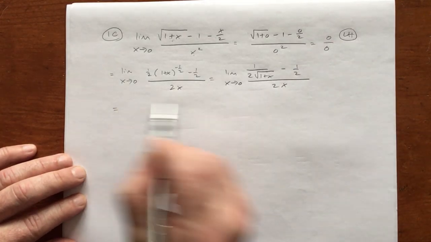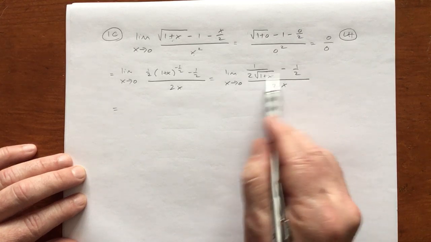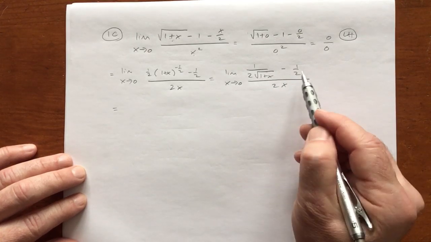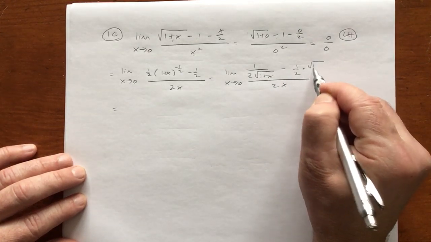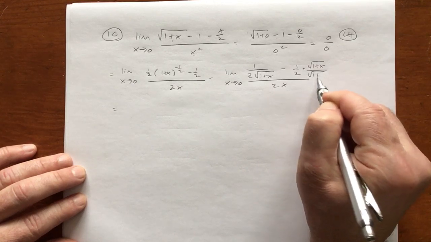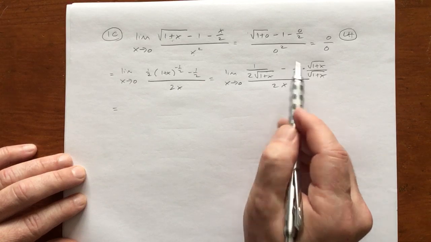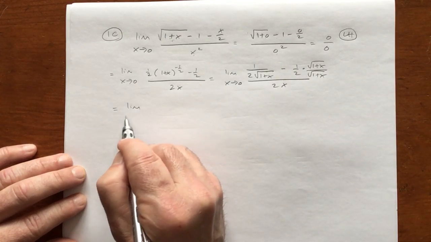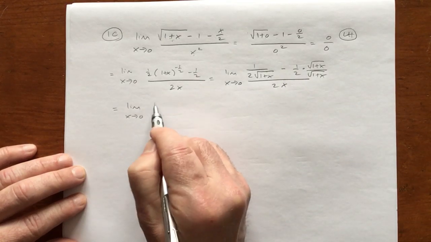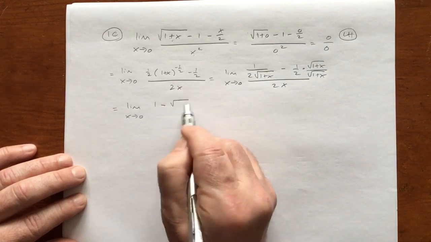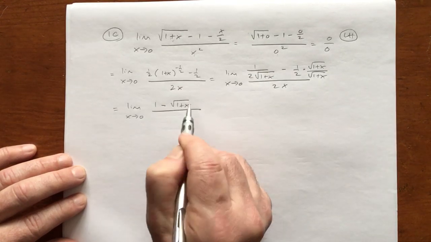And then I want to clean it up some more. So I'm going to express this as a single fraction. I'll have to multiply this by the square root of 1 plus x over itself. And so my numerator up top, can't forget my limit each time, will be 1 minus the square root of 1 plus x.